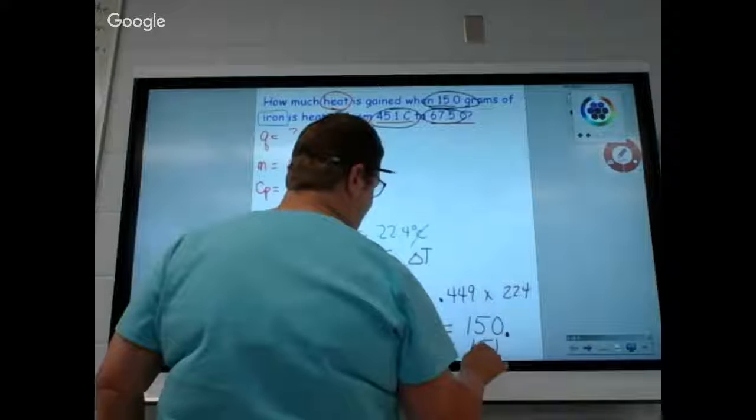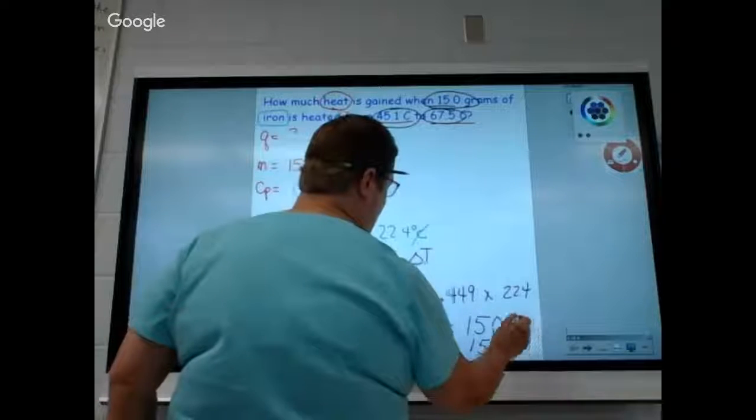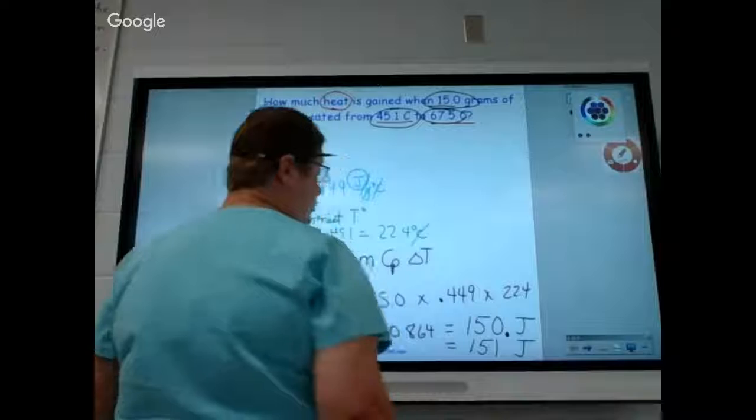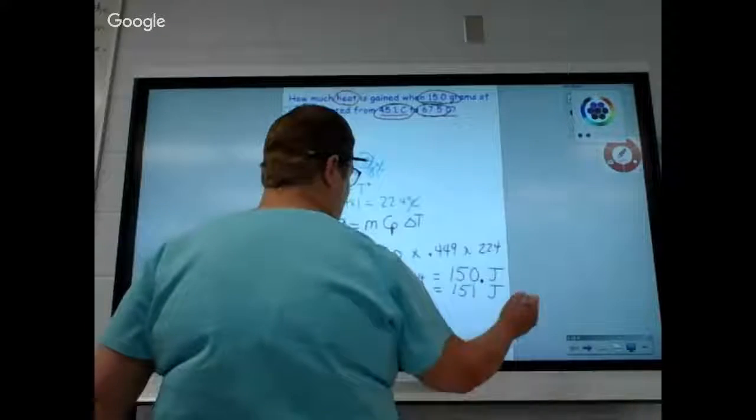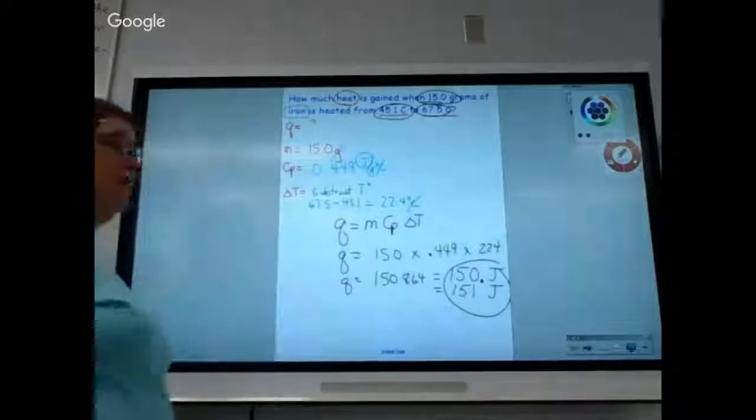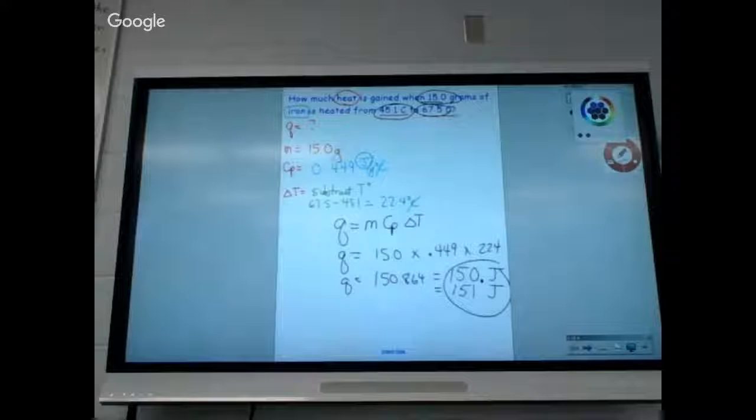Either one is fine. And then I need to put a J behind it for joules. Either answer is acceptable, but I need 3 significant digits in my answer. That is why we spent all that time with significant digits, so that now when we do word problems, our answers have the correct significant digits.